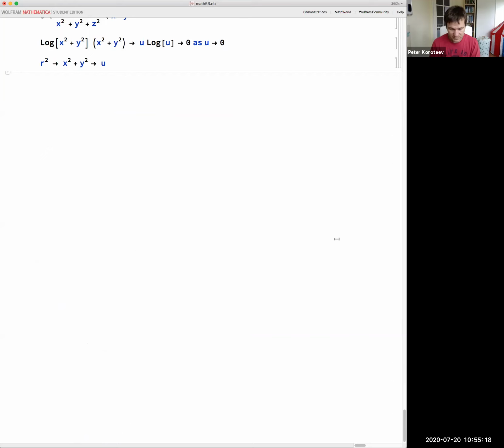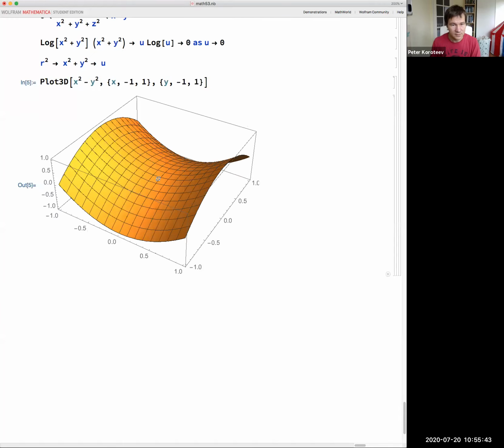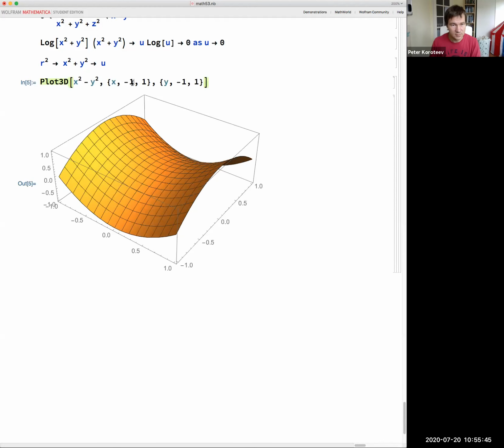Okay, now let's plot the saddle. To see how it works a little bit more.